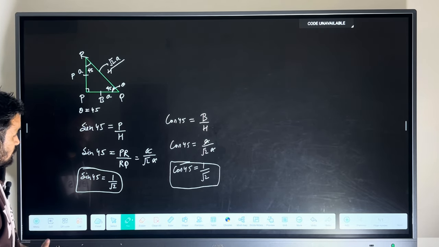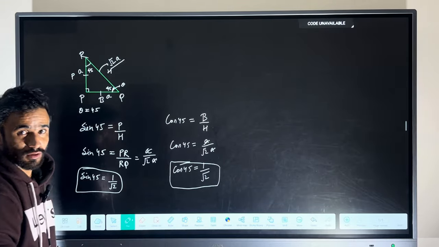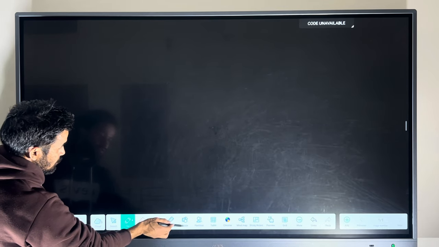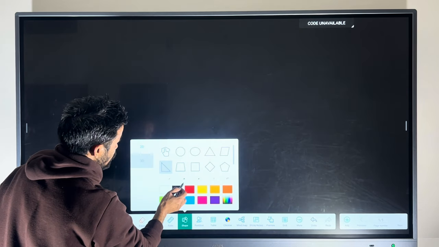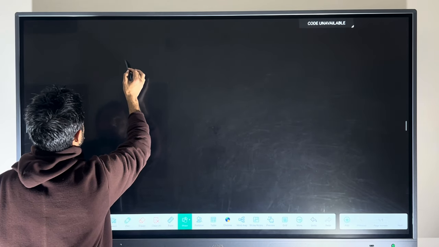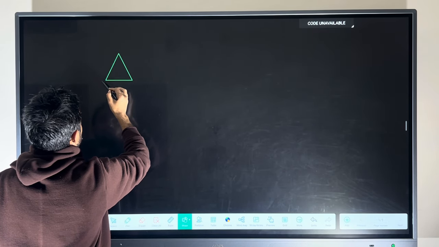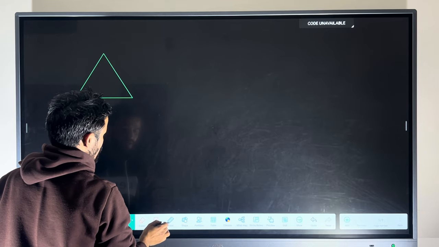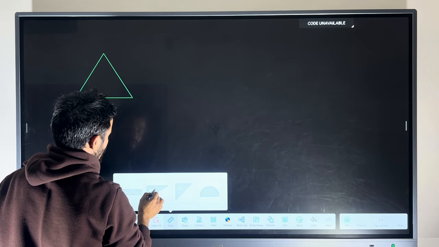Now let us move forward. For the next values we can draw an equilateral triangle.